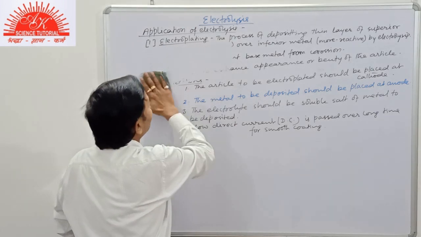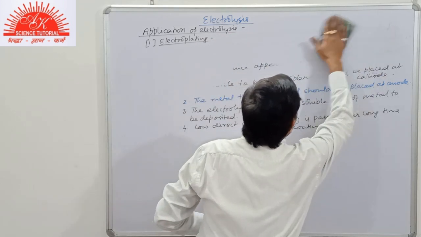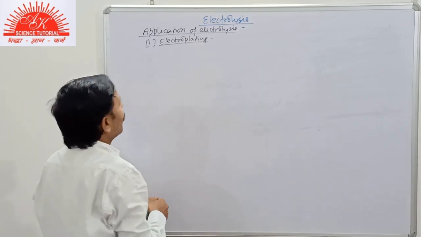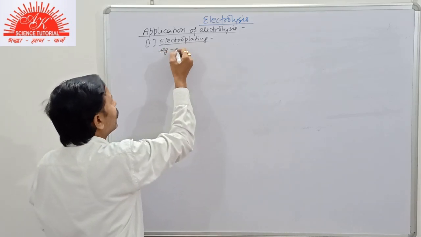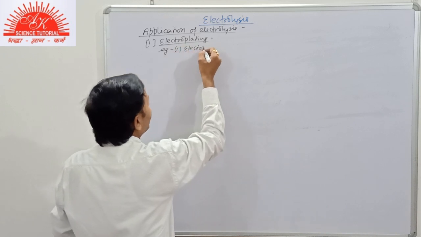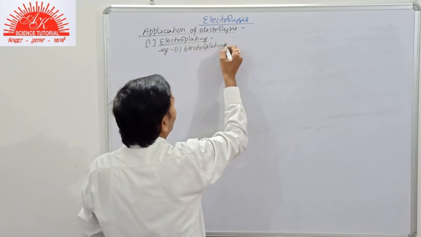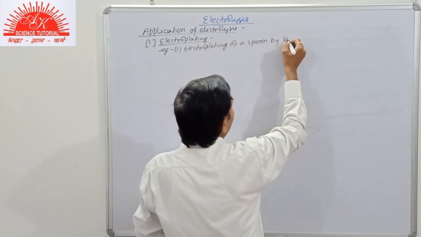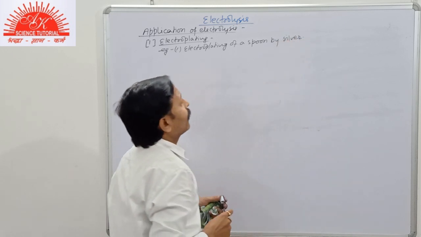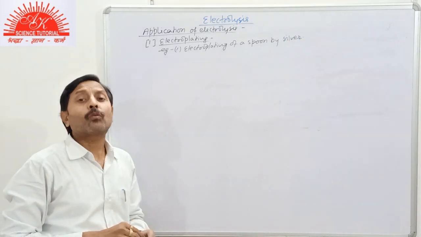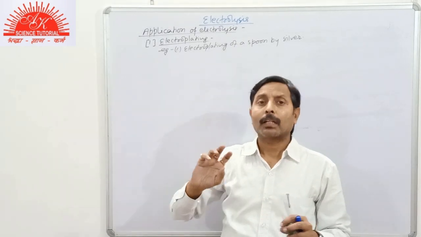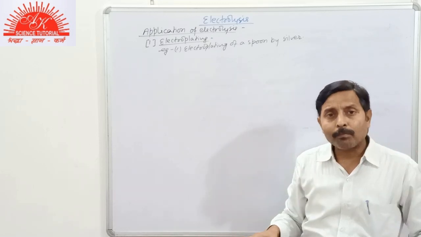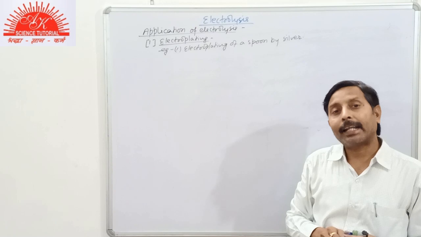Now, suppose we take one example here. Example number 1. Electroplating of a spoon by silver. Suppose this is the question that a spoon has to be electroplated by silver. Draw the diagram for the setup or arrangement.